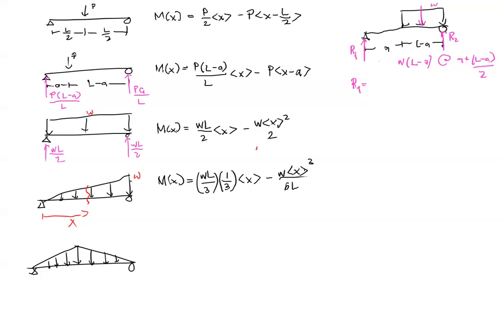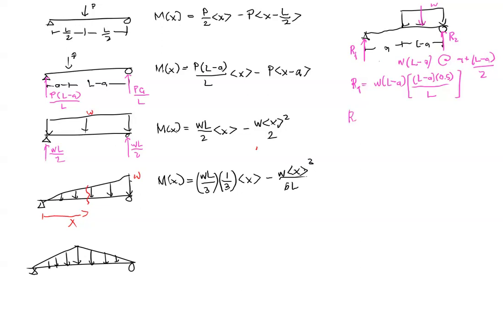So yung value ni R1 is equal to kung ano man yung concentrated load. Yung concentrated load is W L over A multiplied by yung fraction na to. Yung fraction na tinutukoy ko is L minus A over 2, so lalagay natin yung 0.5 dito divided by yung total length niya.